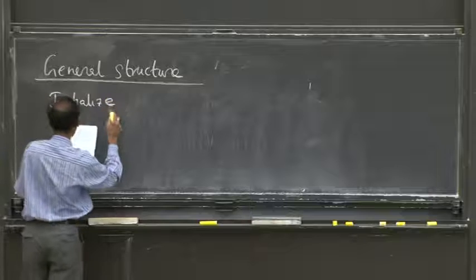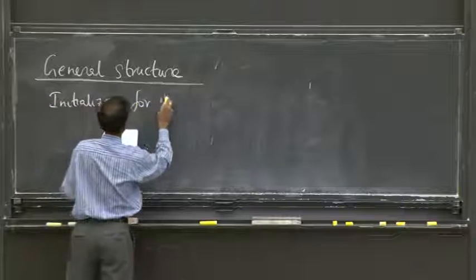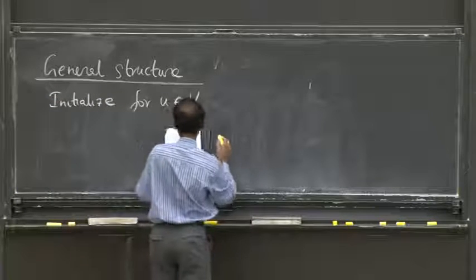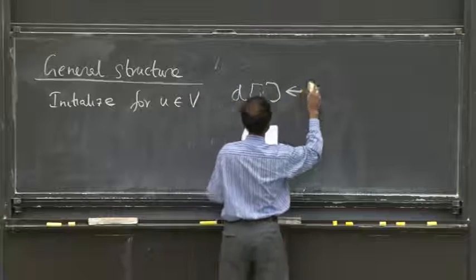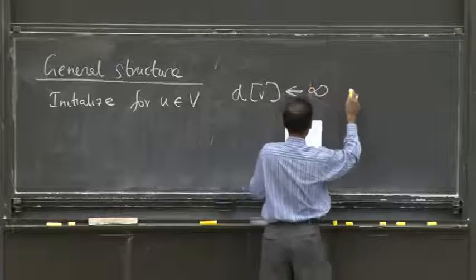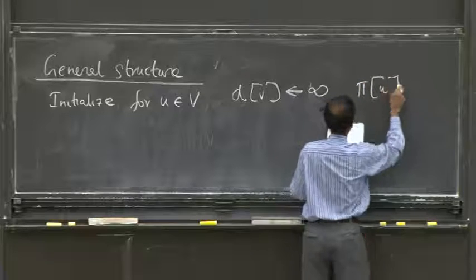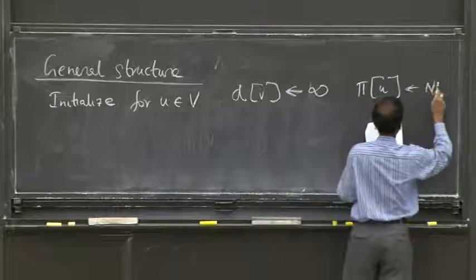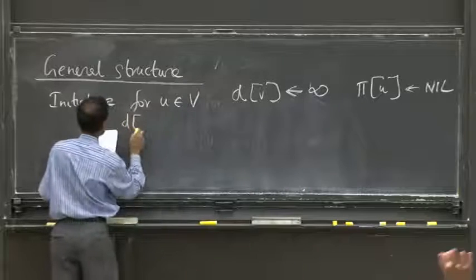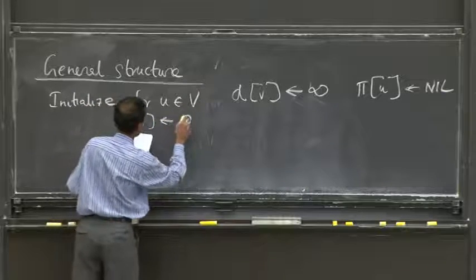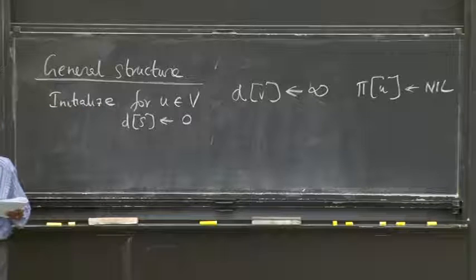We're going to initialize, for all u belonging to the vertex set, d of u to be infinity, and we set the predecessor to be nil. And then we'll set d of s to be 0. We're talking about a single source here.